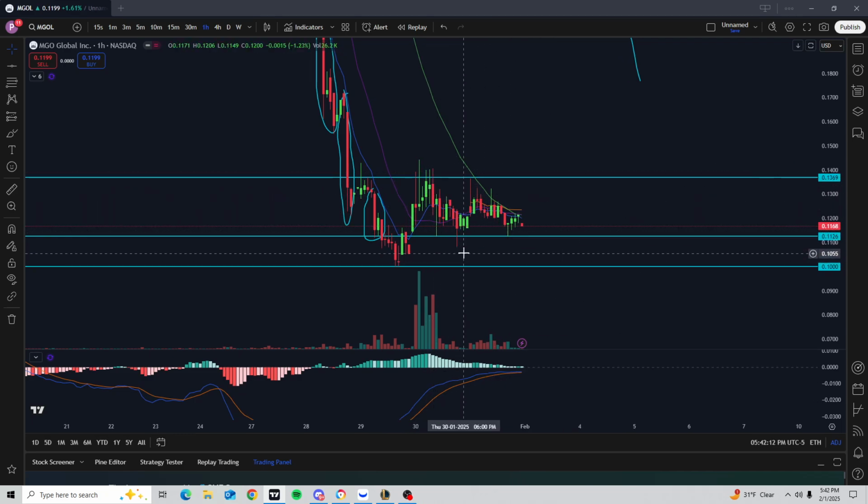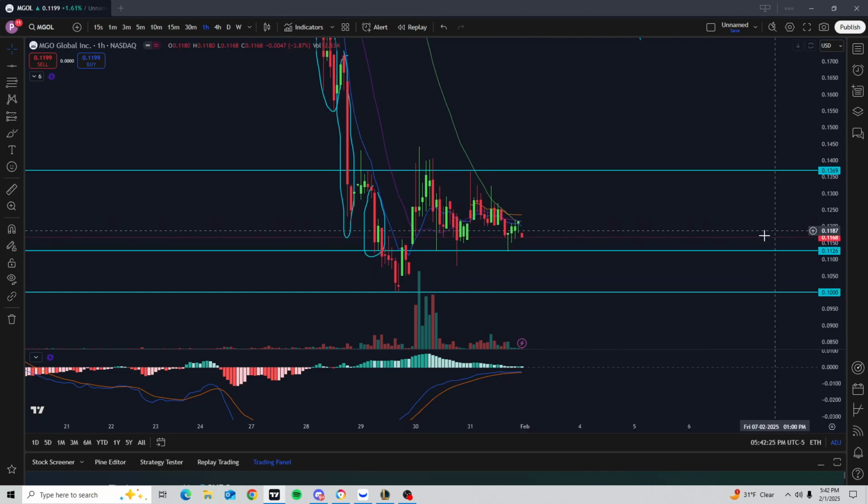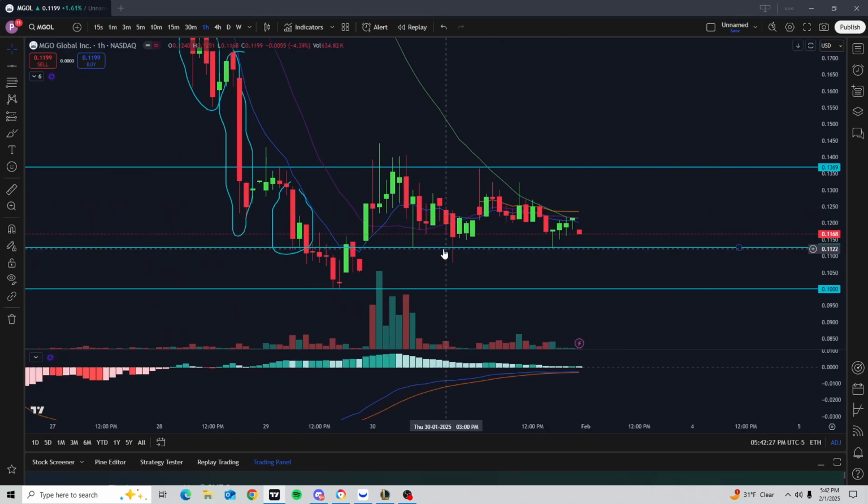Here are the zones. You want to add, of course, as cheap as possible. So I was waiting, like I remember saying in our chat, in the channel, I didn't add any MGOL on that dip, because honestly, I was looking for it to come a bit lower. The reason is I looked at this candle right here, and I saw the bottom wick, which was, I'd put 11.26, but it was 11.25.